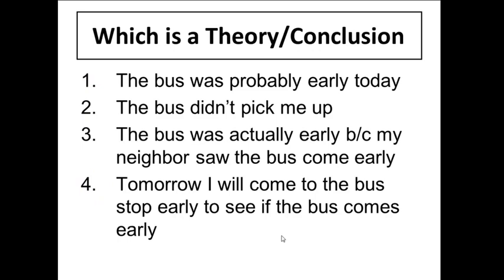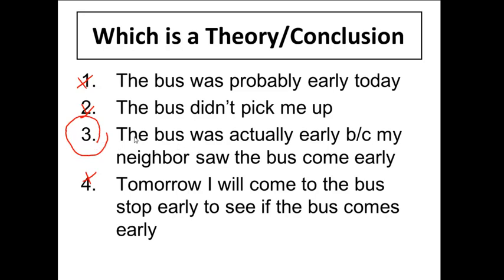And lastly here, obviously, I think we're down to the last choice. We've used this one, we've used this one, we've used this one. What is the final theory? What is the proposed explanation for why my experiment gives these results? Once again, your observation was the bus didn't pick me up. What is our best theory or conclusion about this?